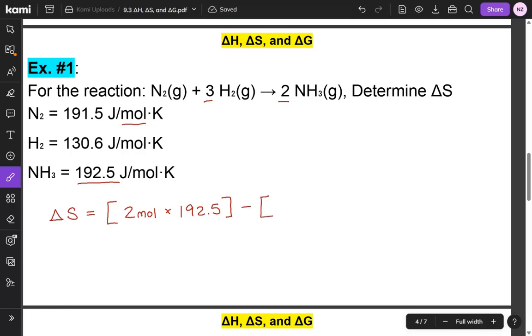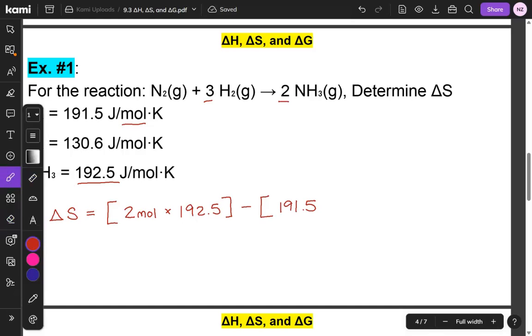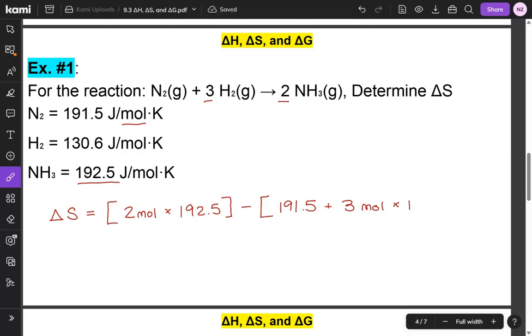We only have 1 mole of nitrogen, so that's going to be 191.5, plus, I'm sorry, not minus, we're going to add that to our other values. So we have 3 moles of hydrogen. Hydrogen's value is 130.6.